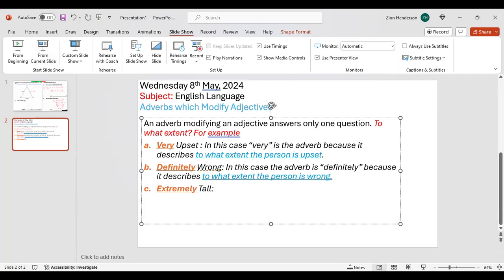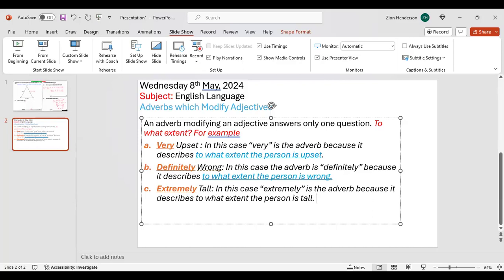So extremely tall. In this case, the adverb, extremely, is the adverb because it describes to what extent the person is tall.